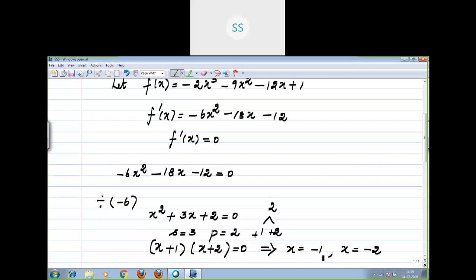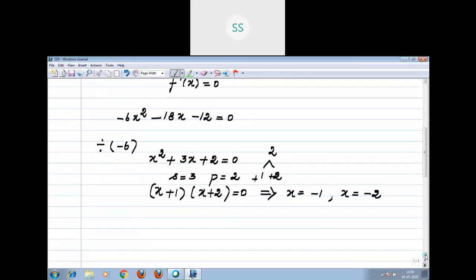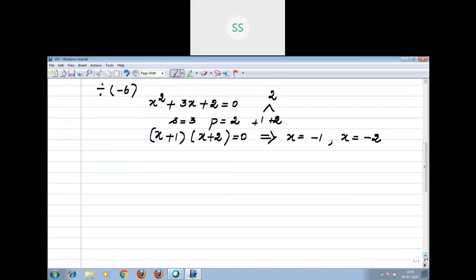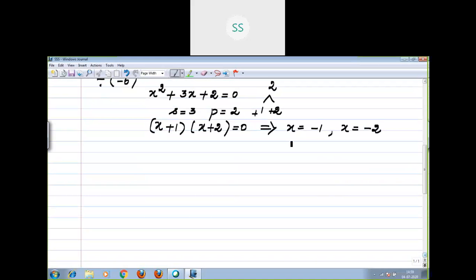Two values you are getting. That x only is going to divide your real line into how many parts, that we will see, right? Using x you are going to divide your real line. Now you see, you should draw the number line on the right side. Minus infinity to plus infinity.